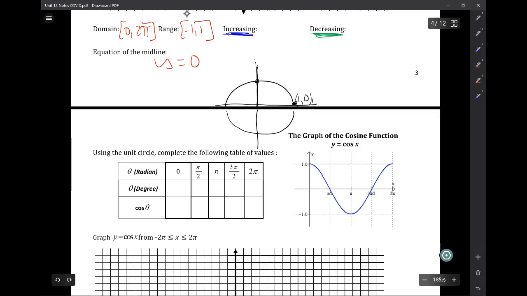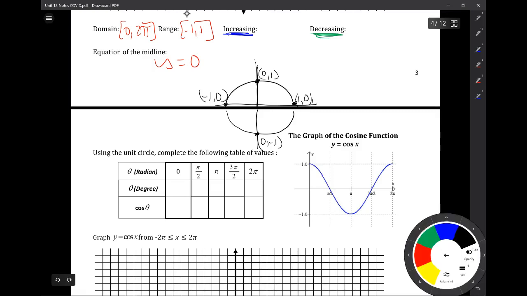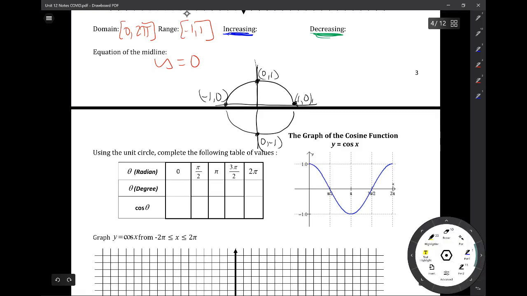This is 0 up 1. Negative 1, 0. 0 down 1. And we learned way back when we were in class that our coordinate points are cosine, sine, cosine, sine, cosine, sine, cosine, sine.